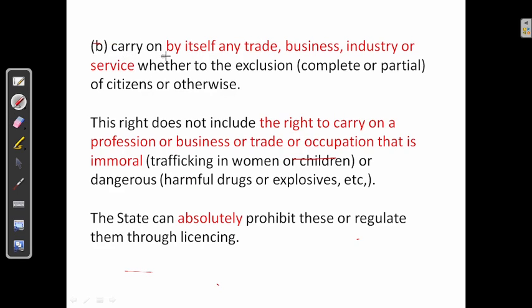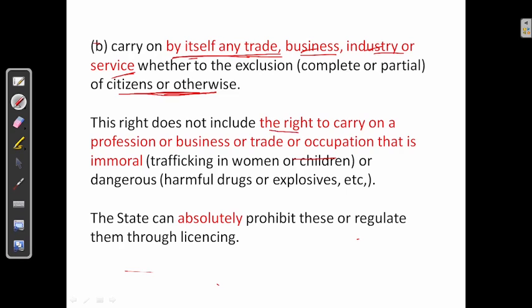Next, the state has the right to carry on by itself any trade, business, industry or service, whether to the exclusion of citizens or otherwise.